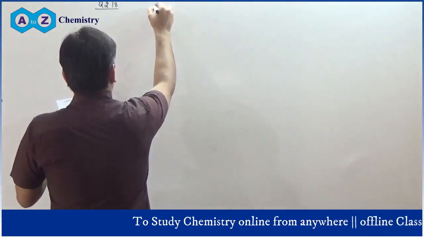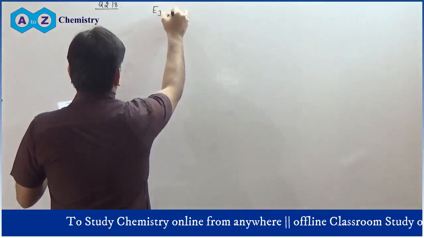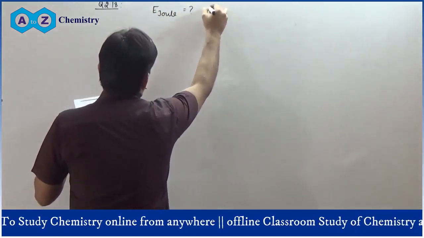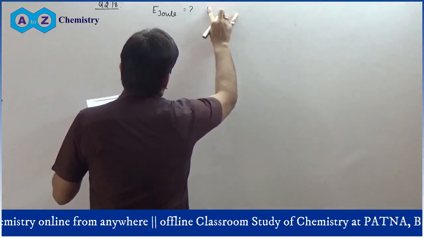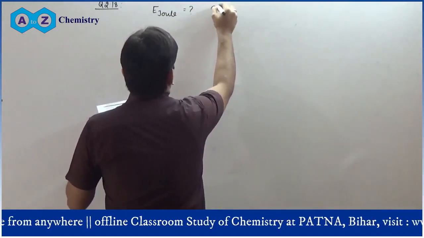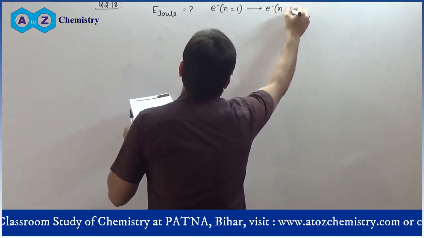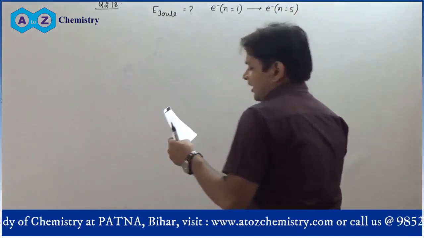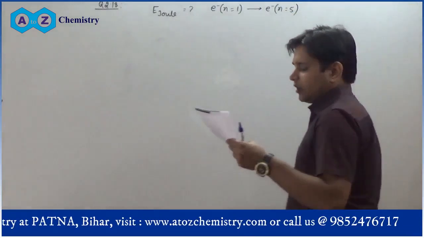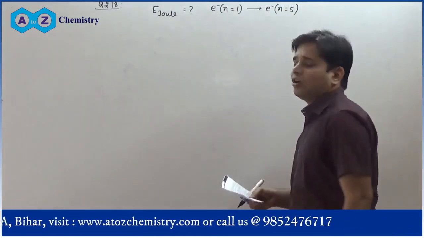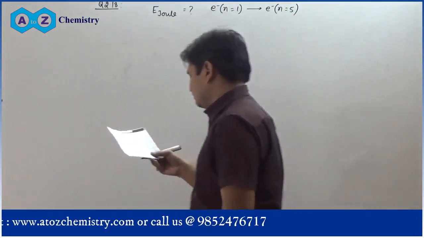We have to calculate the energy in joule required to shift the electron from n equal to 1 to n equal to 5.